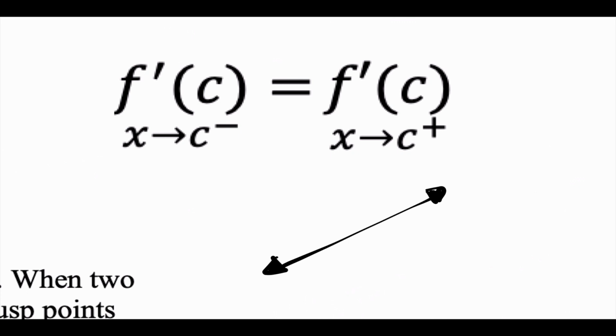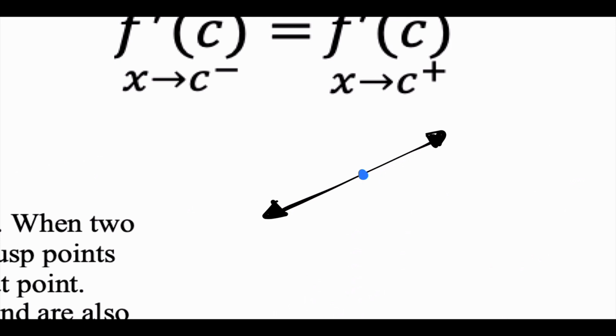Let's say this point right here. The derivative as I approach this point is the same as the derivative as I leave this point. It's got the same slope coming in as it does going out. Because of that, this one is differentiable at that point.